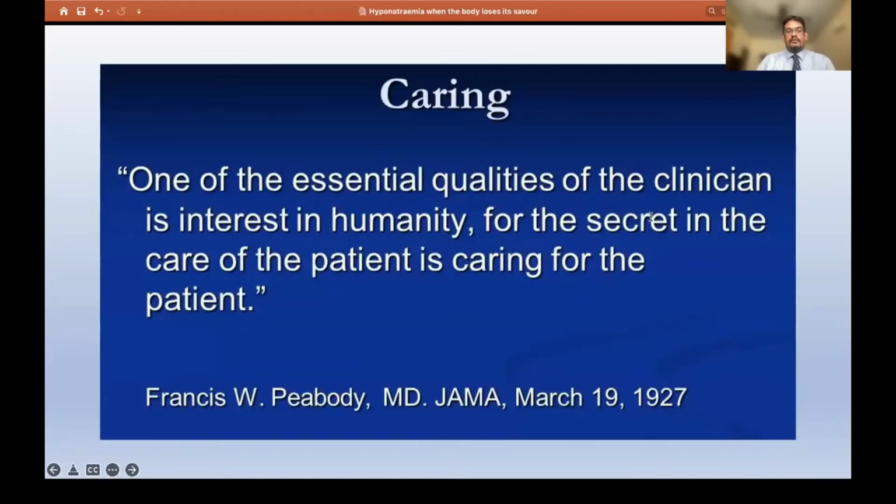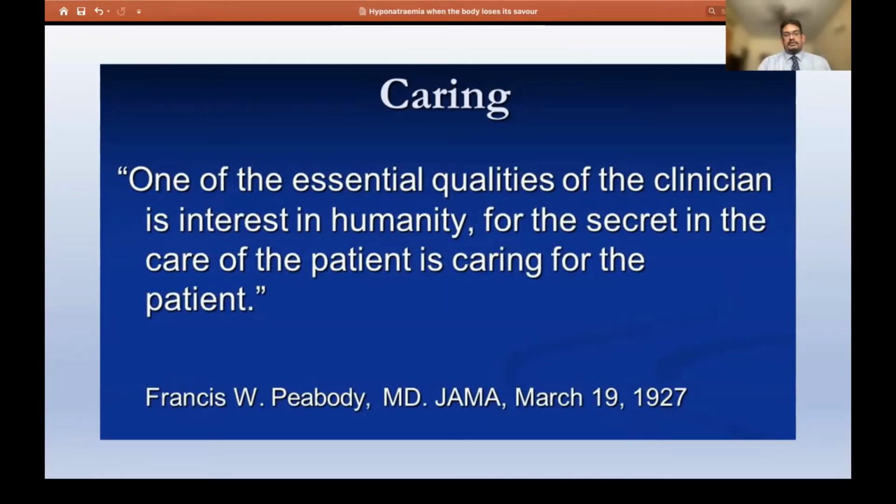Before we delve into our main topic, I would like to draw your attention to something from medical professionalism, about caring. Let us ponder this. Is one of the essential qualities of a clinician an interest in humanity? Why is it so?